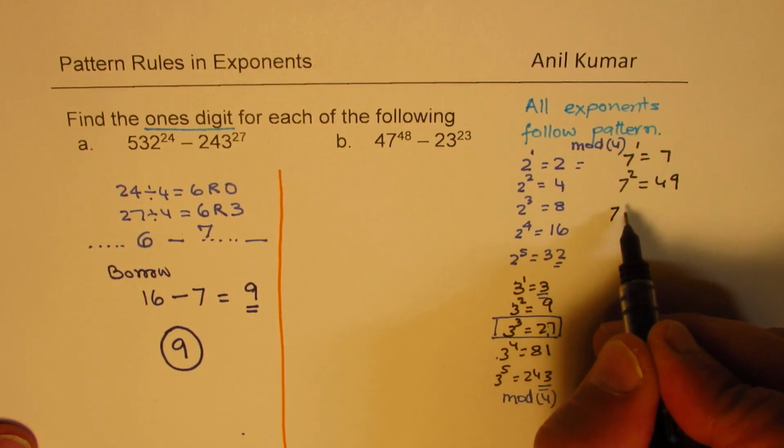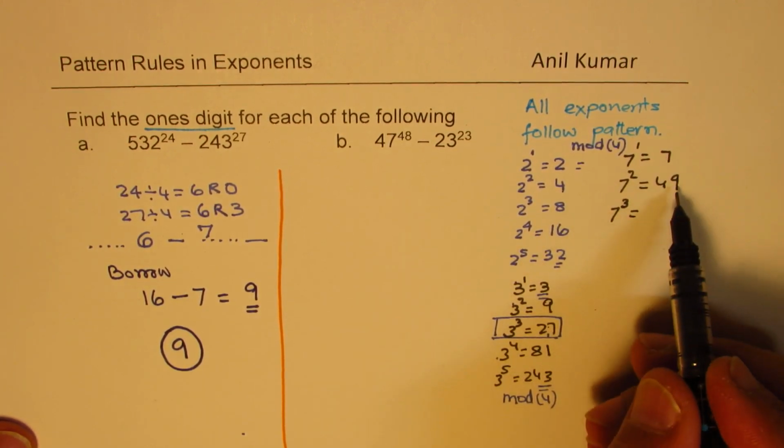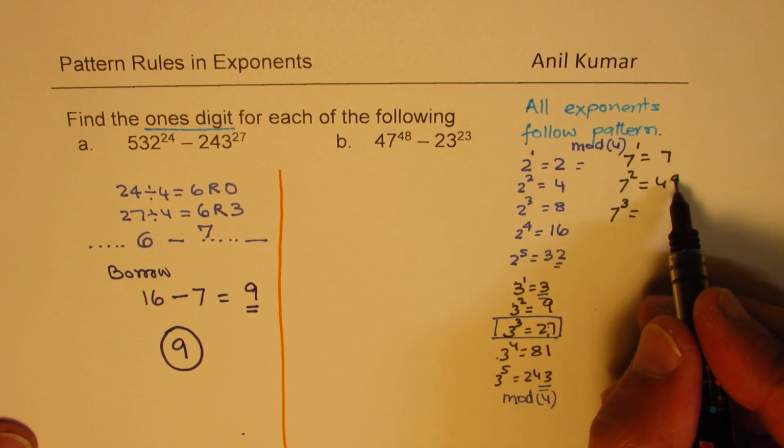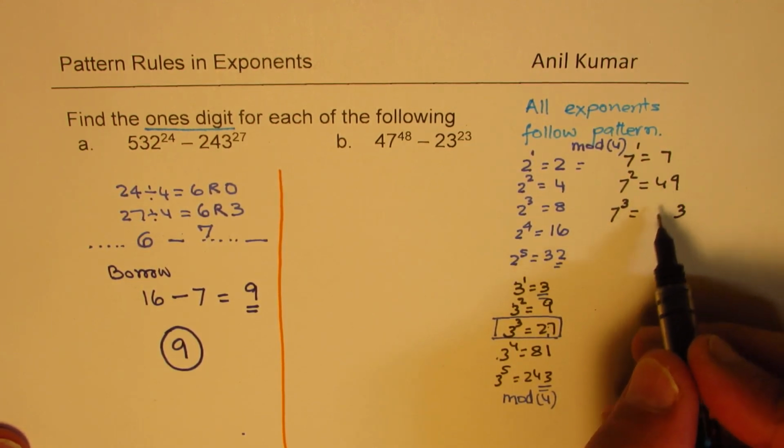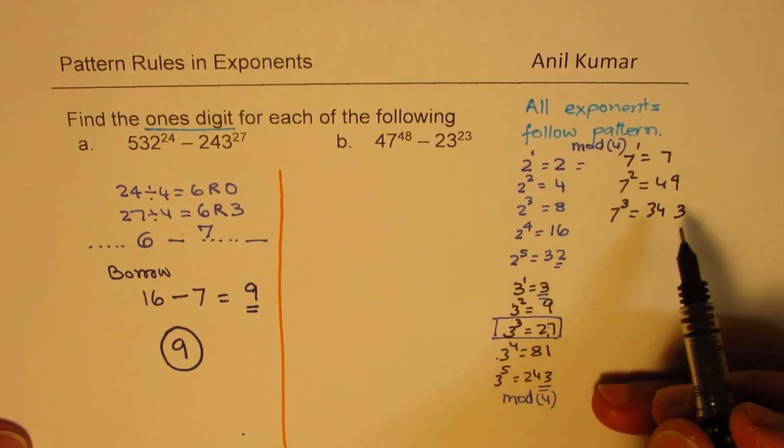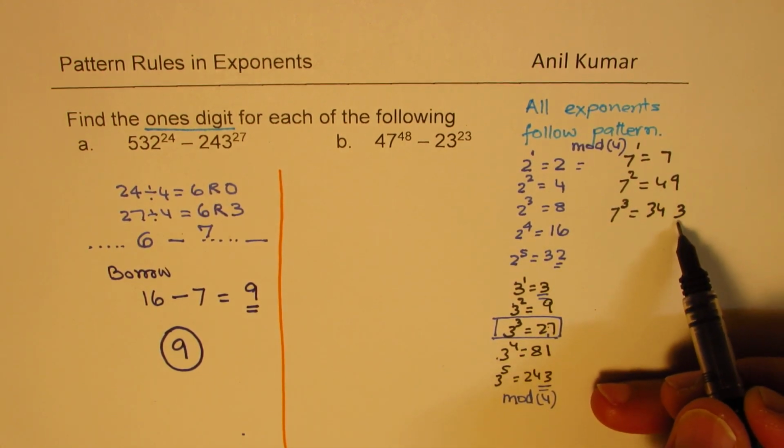9, right? Then 7 to the power of 3. When you multiply this by 7, 7 times 9 is 63, 3 there. 7 times 4 is 28, and 6 is 34. But anyway, we are only interested in the ones place, right?